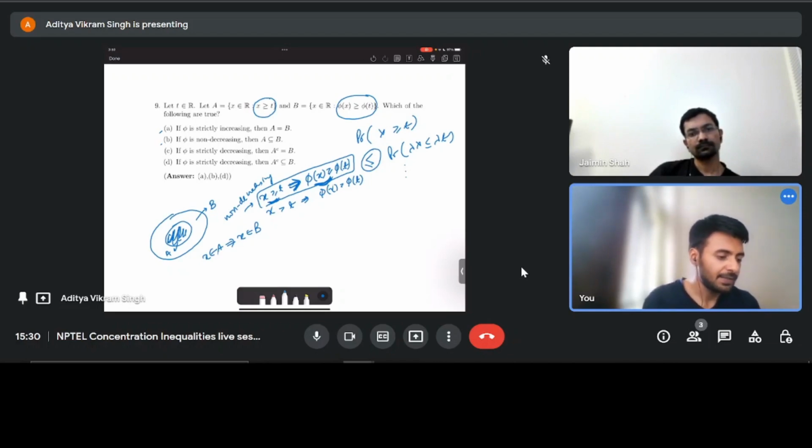Now if phi is strictly decreasing, then A complement equals B. So what does this mean? x greater than t would imply that phi x is less than phi t. So this is strictly decreasing.